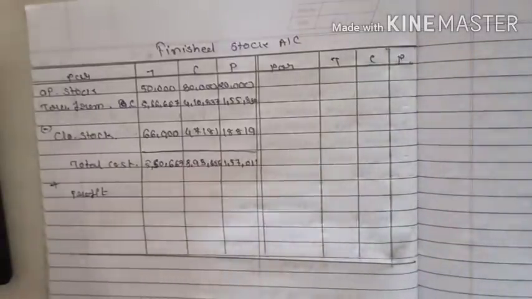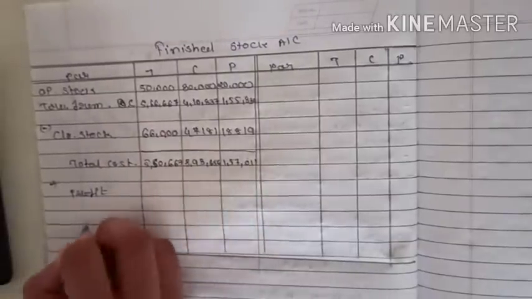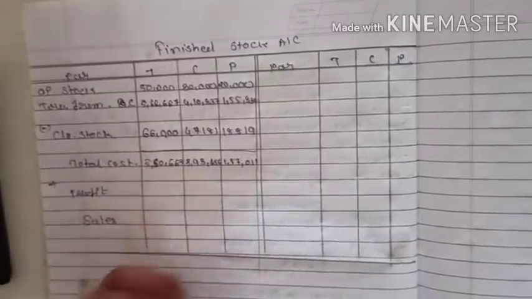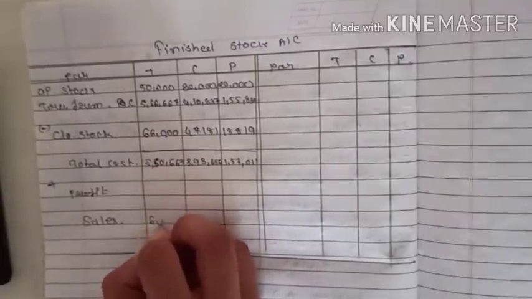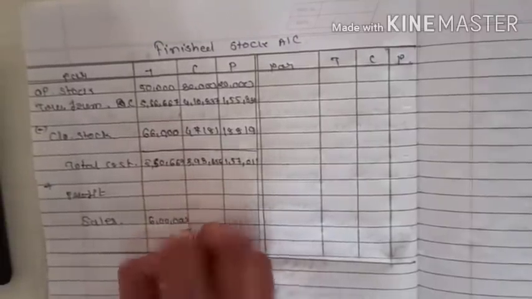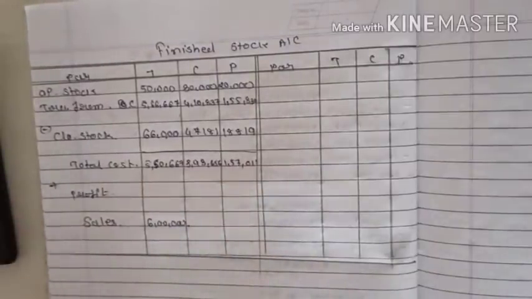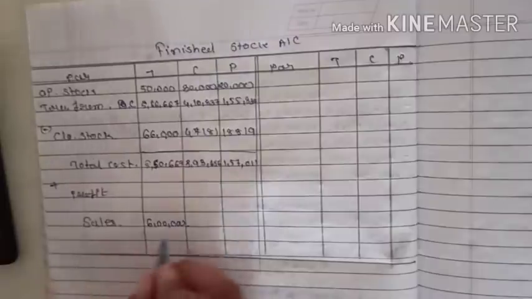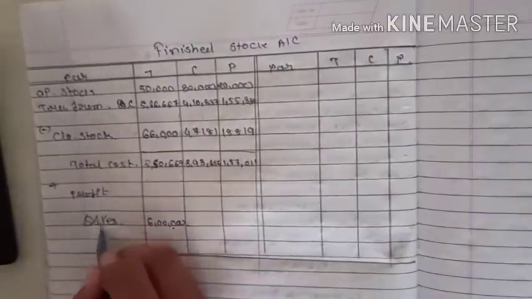Here profit percentage is not given, directly sales value is given. So total cost plus profit equals sales value. Sales is given as 6 lakh. So we cannot write it here, sorry.